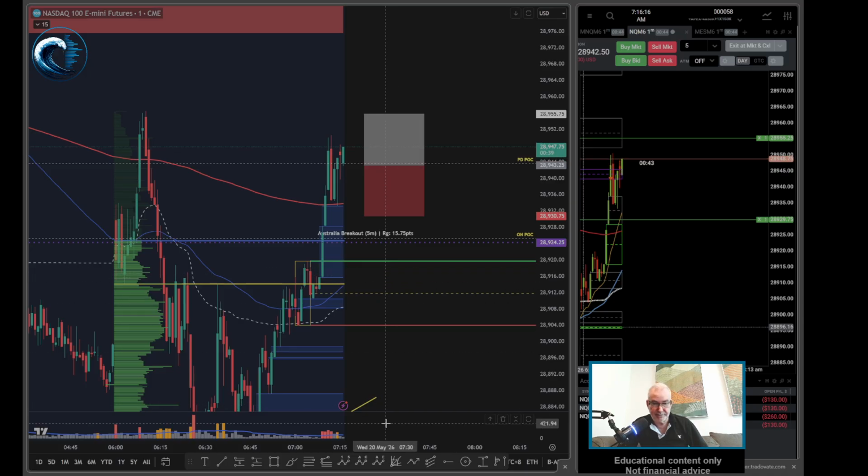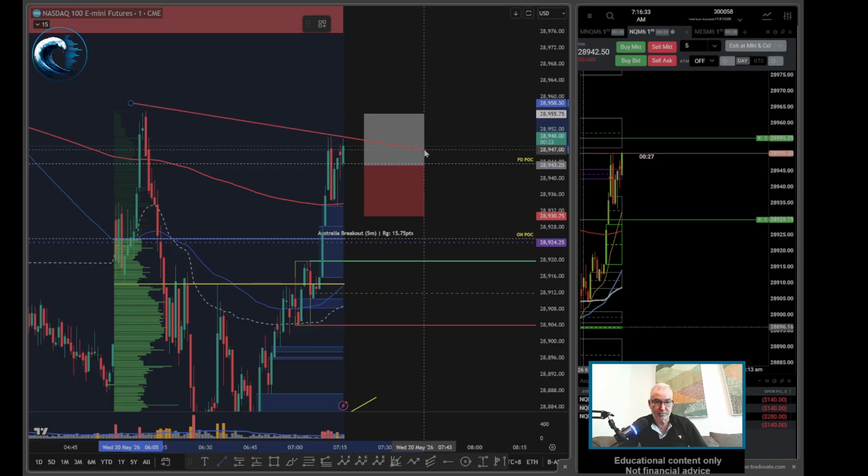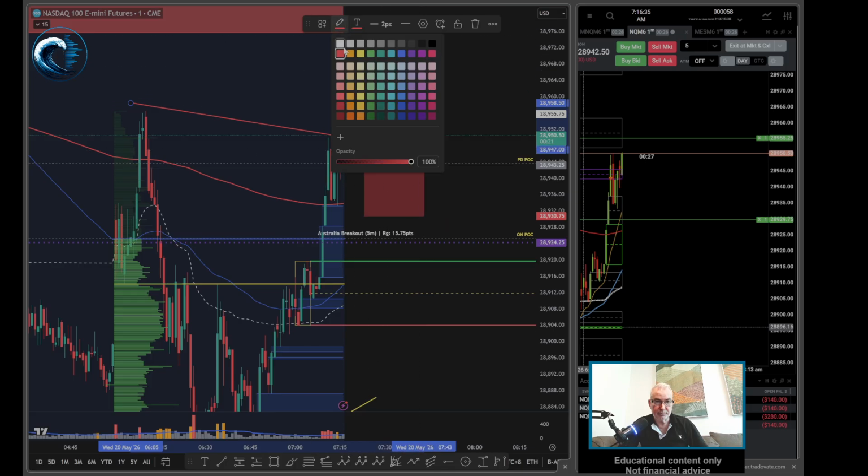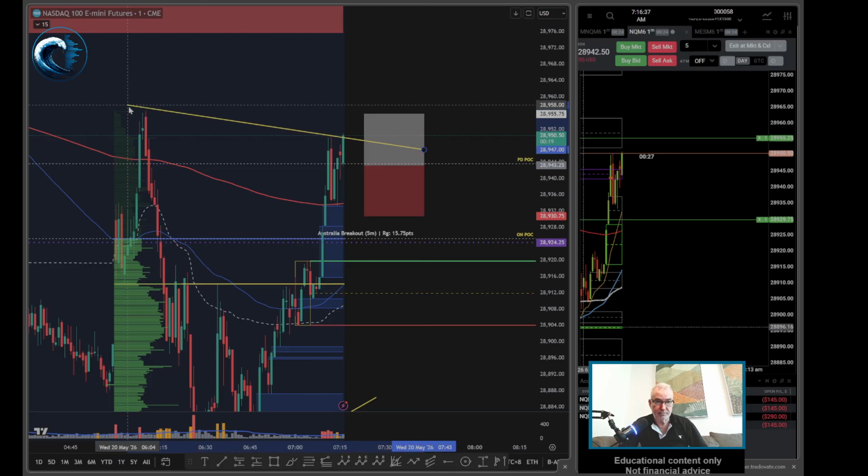Don't know. Except for that one candle. Got a bit of a pin candle here, but we're looking strong. We're looking strong. Yeah, it's just taking out that high there.